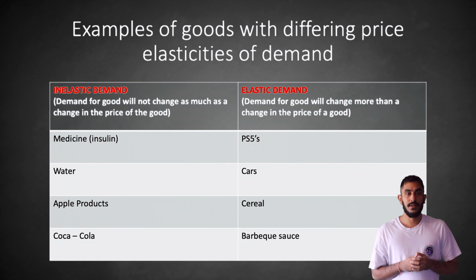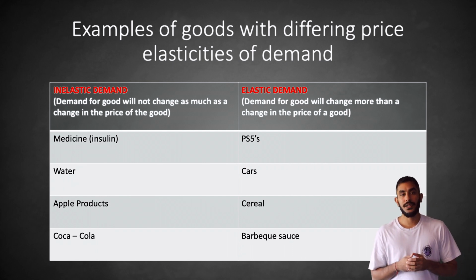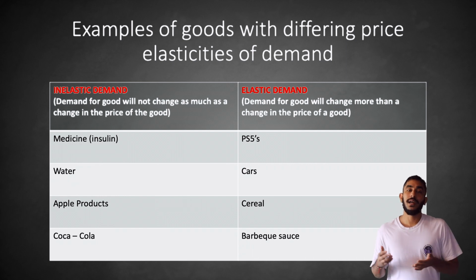On the left hand side, we have some examples of inelastic goods. For these types of goods, we can expect price changes to lead to a less than proportionate change in demand. In other words, when the price of the good changes, demand won't change as much as the price did. On the right hand side, we can see some examples of elastic goods.